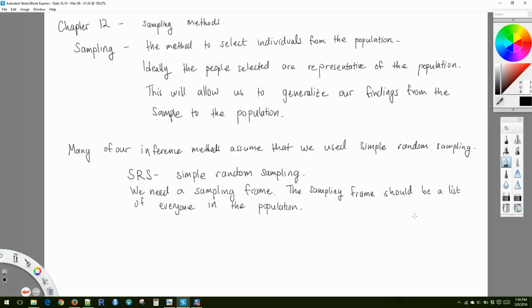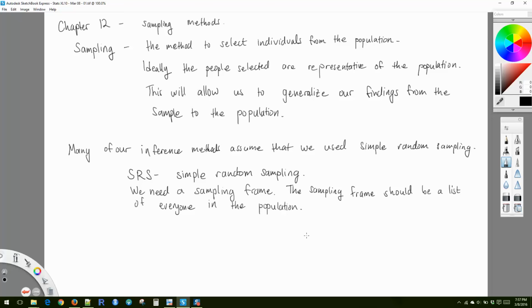Okay, so that's what we desire. We want our sampling frame to have everyone in the population. If the sampling frame does not have everyone, then your sample cannot be representative of everyone. Your simple random sample can at best be representative of the sampling frame. So ideally your sampling frame reflects everyone in the population. If it doesn't, then your random sample will have the same deficiencies that your sampling frame does.